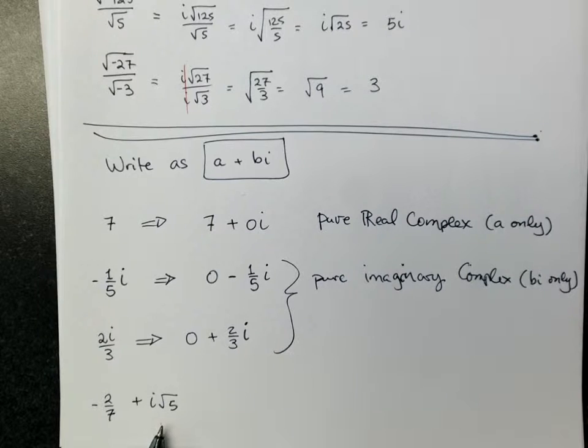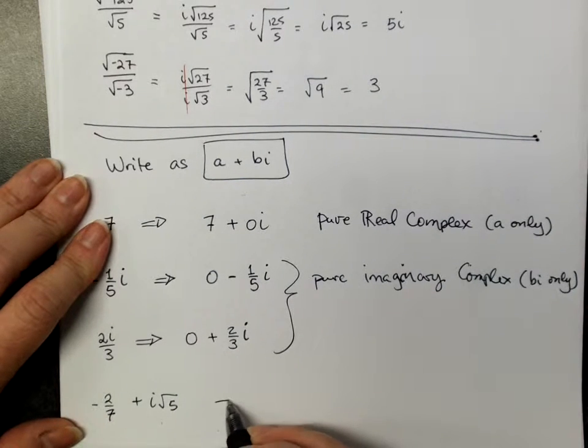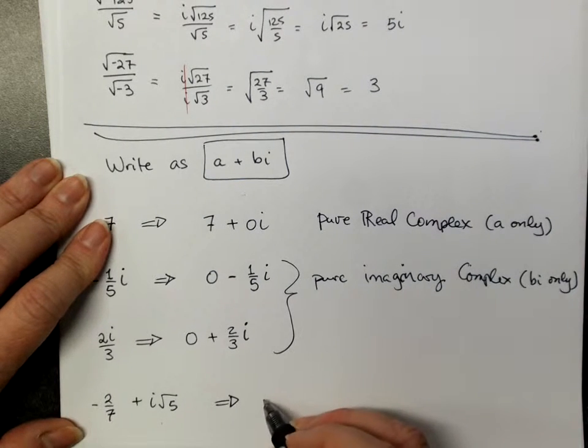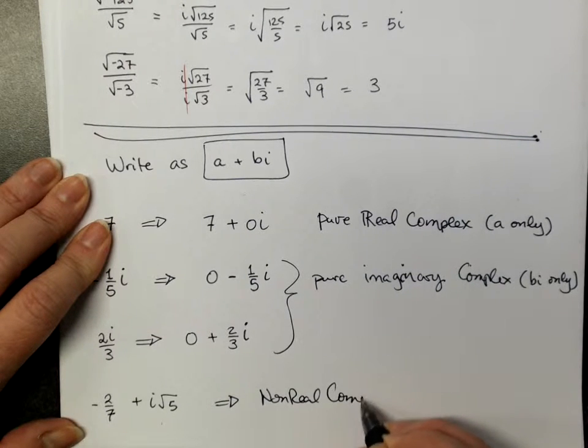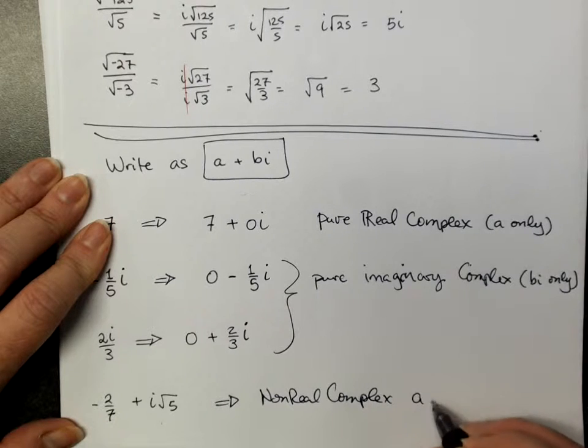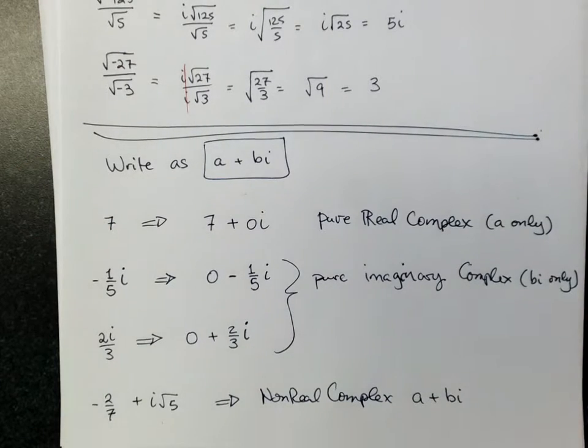This one is non-real complex because it includes an imaginary unit. And it's not just pure imaginary because it also has a real component. It has an A and a B. Okay? And so this is a non-real complex. And it has the full A plus BI.